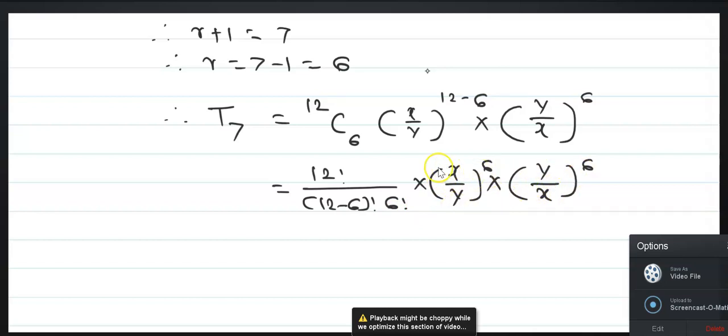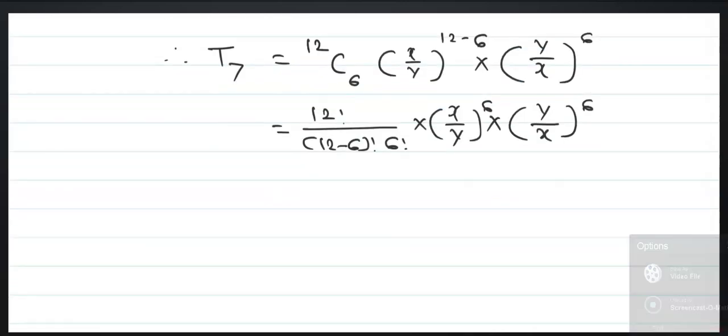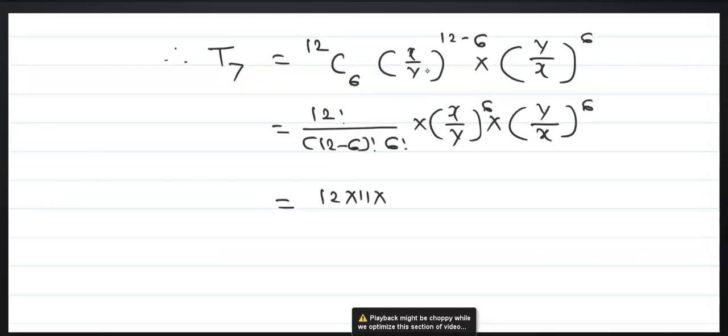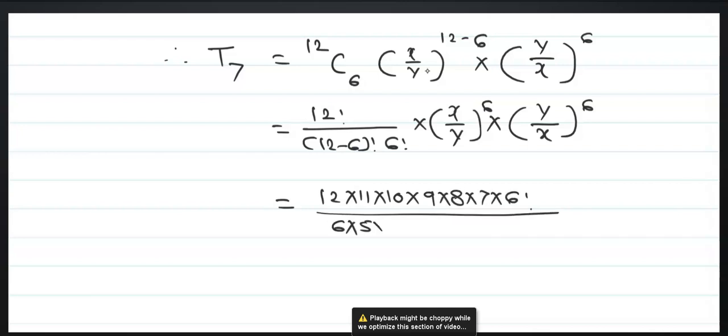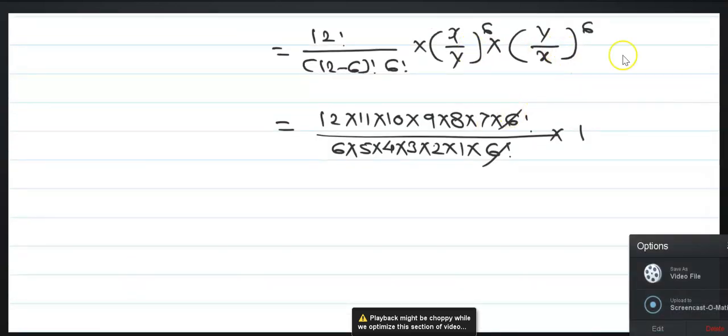Now these two are reciprocals and get cancelled. You will get 12 factorial upon 6 factorial into 6 factorial, and we will make the calculations for that. That is 12 into 11 into 10 into 9 into 8 into 7 into 6 factorial upon 6 factorial, that is 1.